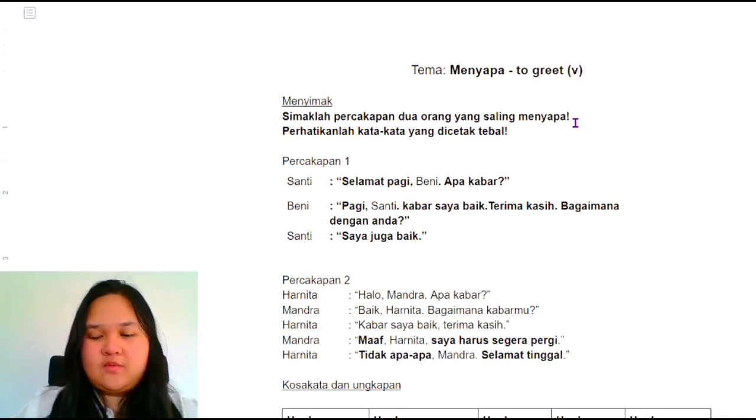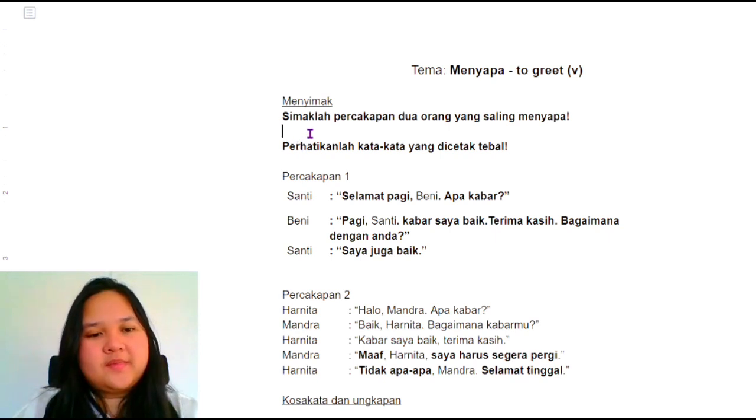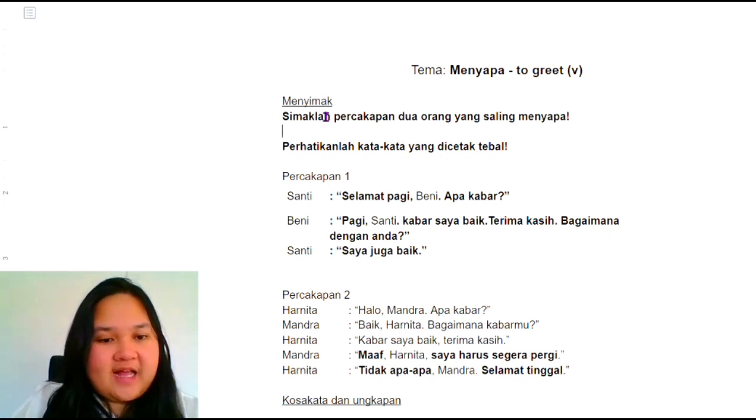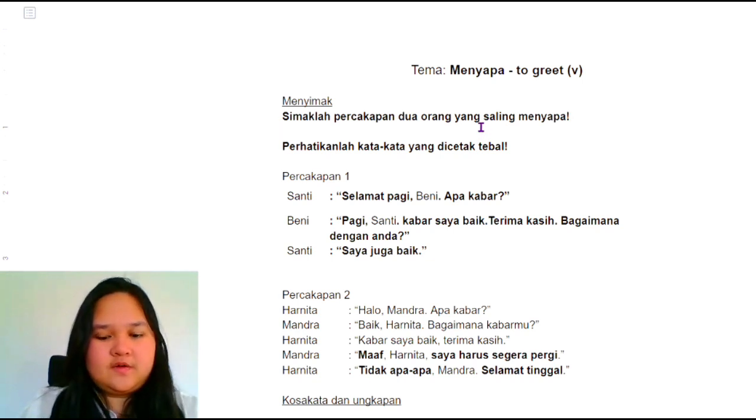So here I would help to translate also. Simaklah. So when you see lah, it means imperative, it's always imperative, yeah, lah. And then there's always an exclamation mark. So please, or listen.